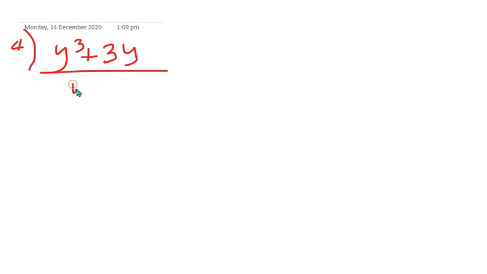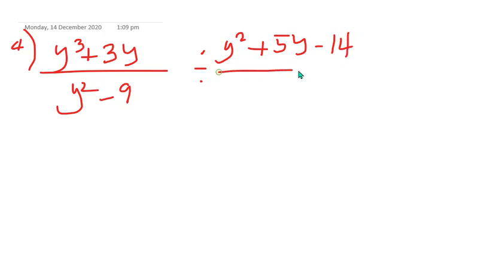So we have y cubed plus 3y over y squared minus 9, divided by y squared plus 5y minus 14 all over y squared plus 4y minus 21.